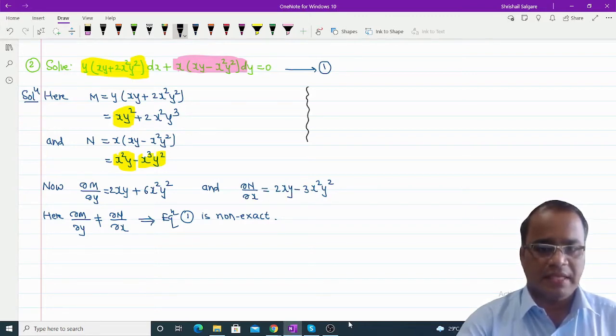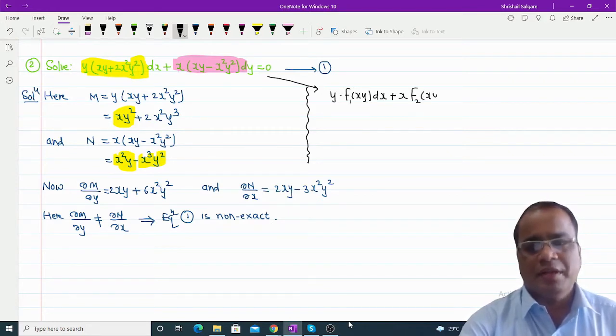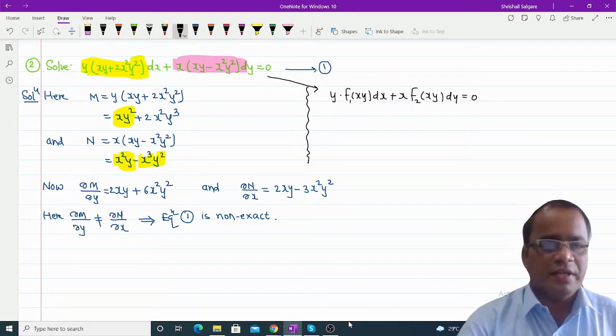Rule 2. Yes, rule 2. So clearly this equation 1 is given in the form y into some function of xy into dx plus x into some function, you may use f1 and f2 of xy, dy equal to 0. Here you have the y term, here also we have the y term. So what is the meaning of this?